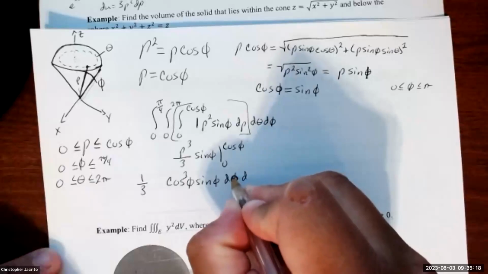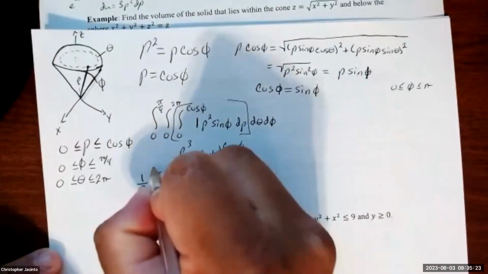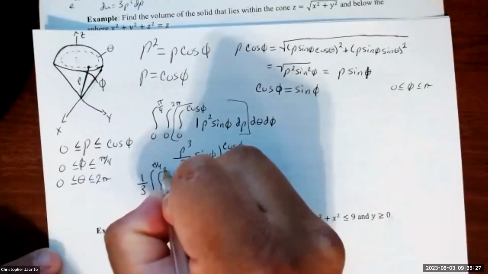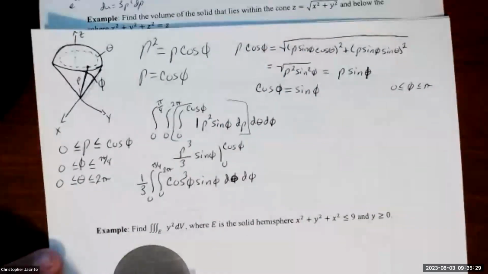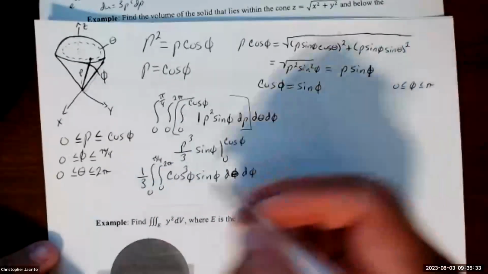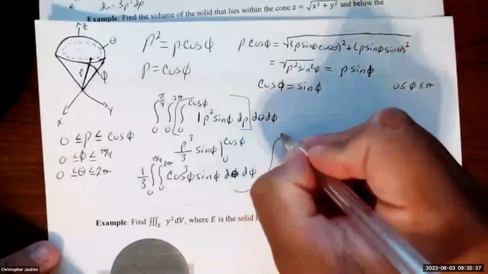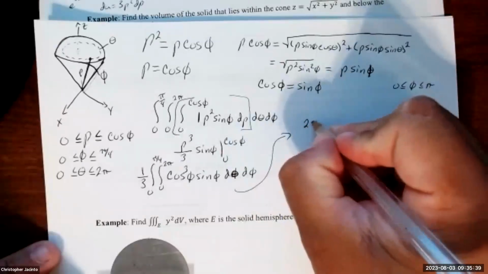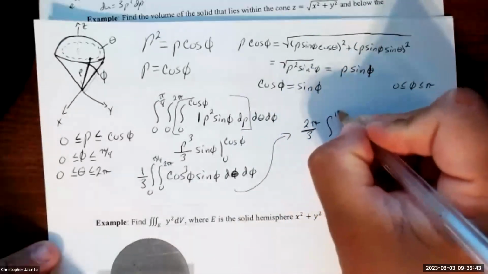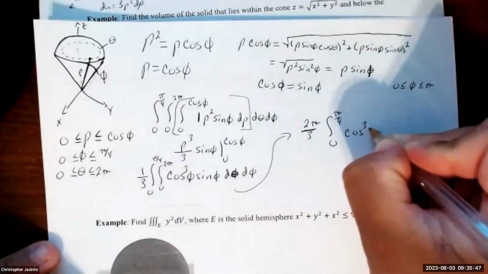Then theta. The nice thing is it's theta, so it just becomes theta. Plug it in. So we just get 2 pi over 3 times the integral from 0 to pi over 4 of this mess here.